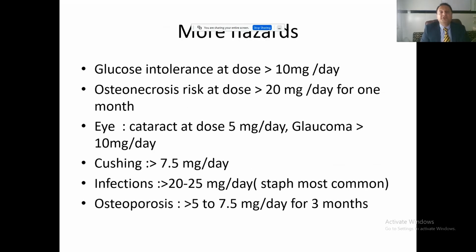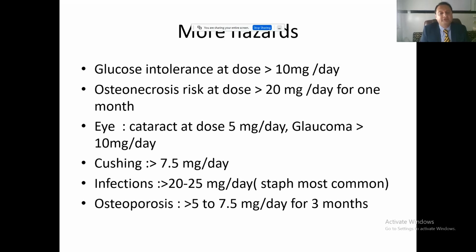So when it comes to steroids, the picture is good when we expect something good out of the efficacy. We do get a lot of good effects of steroids, but there are hazards at the same time as well. Glucose intolerance, as I briefly touched on in the pregnancy section, is more witnessed if the patient is taking more than 10 milligrams of prednisolone per day. Likewise, osteonecrosis, more than 20 milligrams per day.